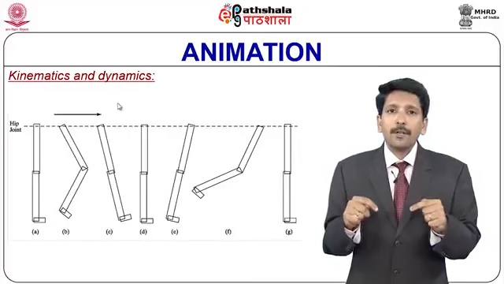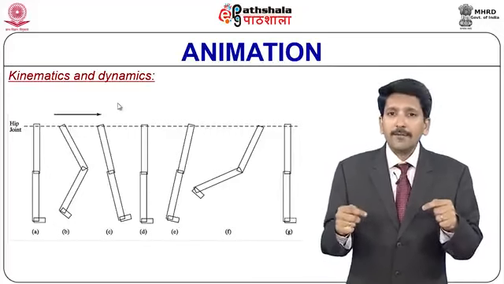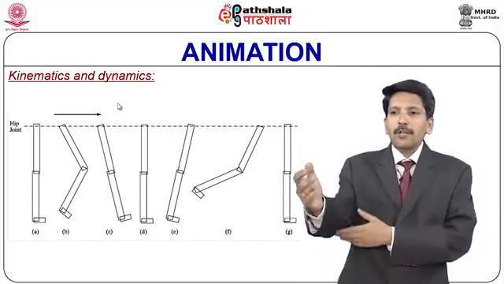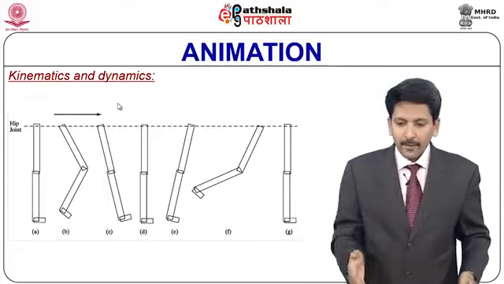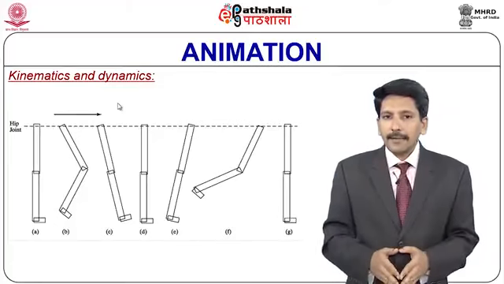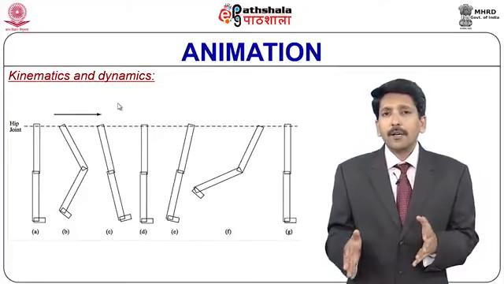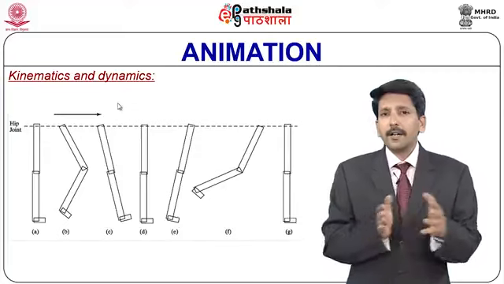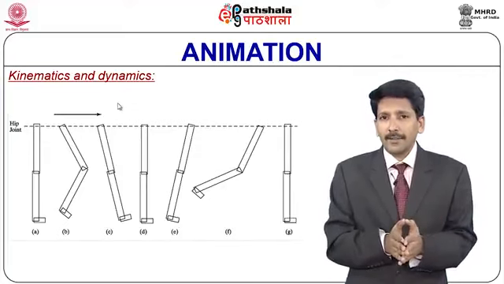Now, how do you give the human character a walk or a kind of human like movement? We have joints, we move, so we first move our leg before we bend our legs. Kinematics is the study of imitating human movement using artificial characters.